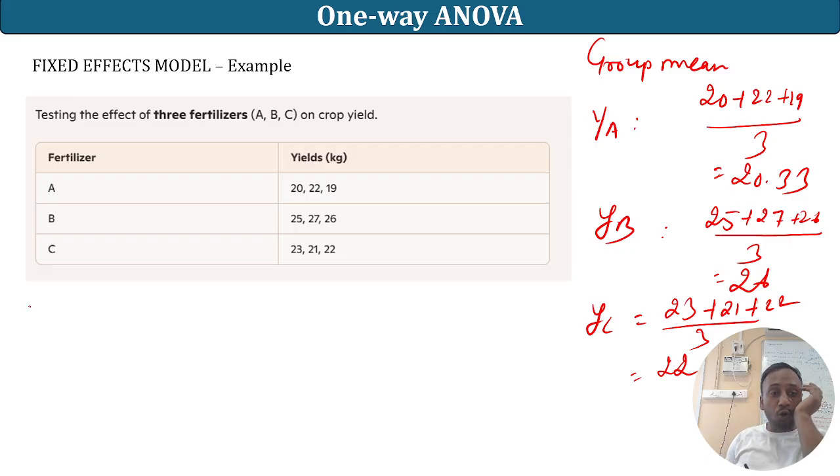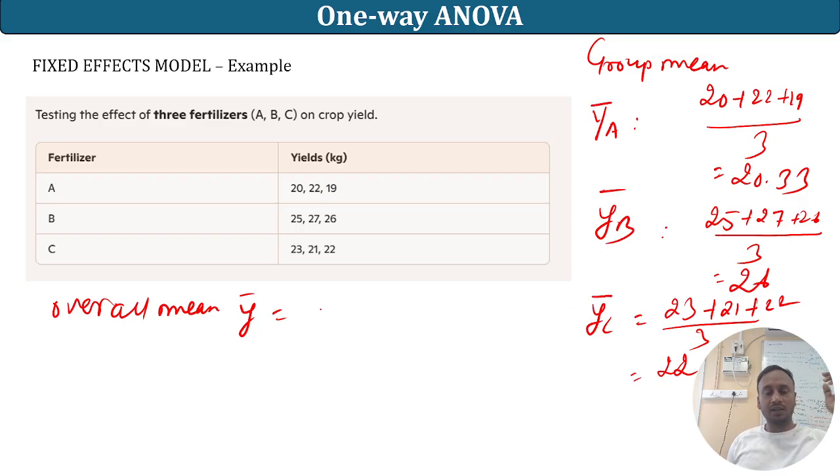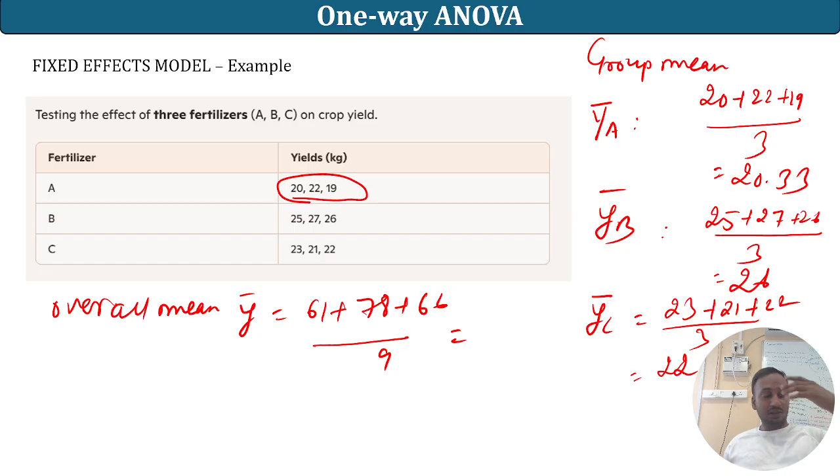So now we'll go to the overall mean, Y bar. We know this much: 61, this one 78, 66, by 9. How much? Please tell me.